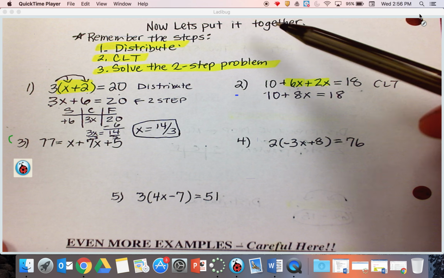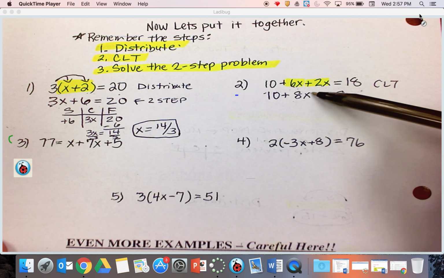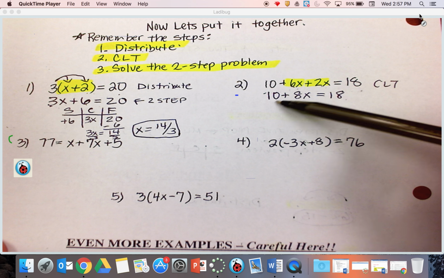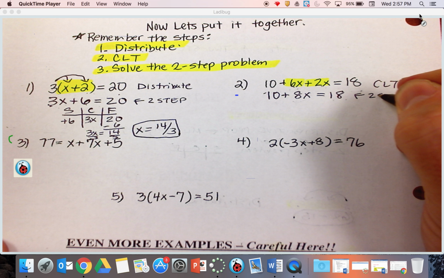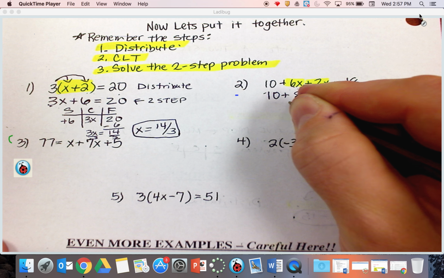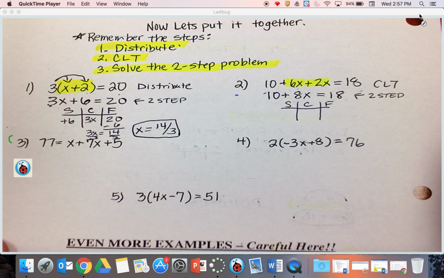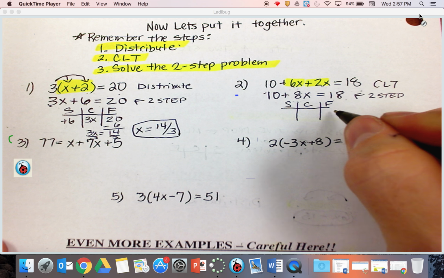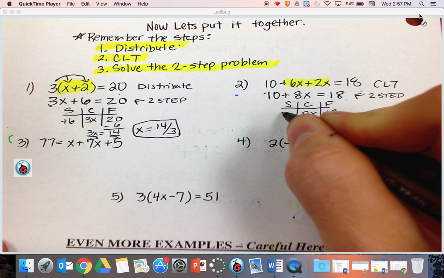Now, is this a two-step problem? It sure is. It's got one x variable, it's got a constant, and it's got something that's equal to it. So that's a two-step problem. And I can do my start, change, and finish. Finish is 18, change is 8x, the start is 10.